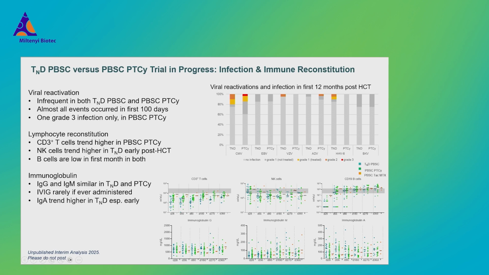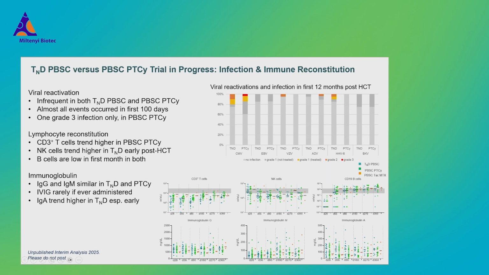The darker gray is viral reactivation on screening, asymptomatic with no treatment given. The gold is low-level reactivation for which treatment was given and there was a rapid response. And the orange, treatment was given, and the red, an infection with end organ involvement.